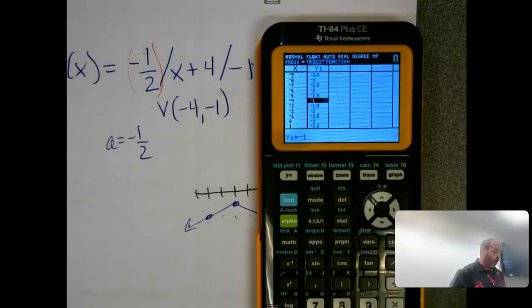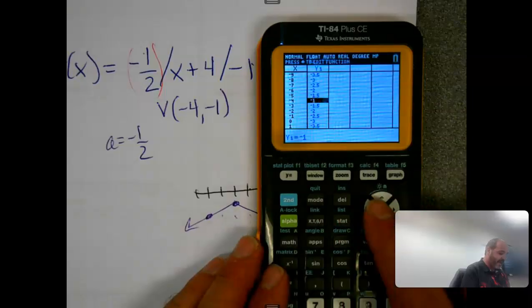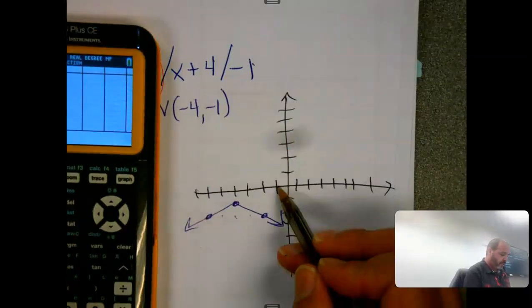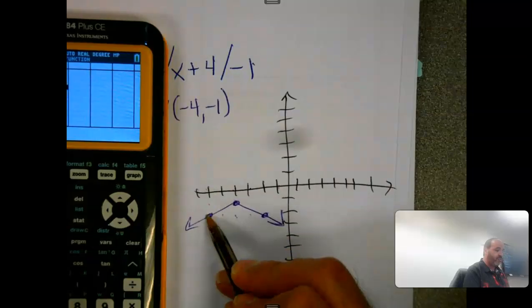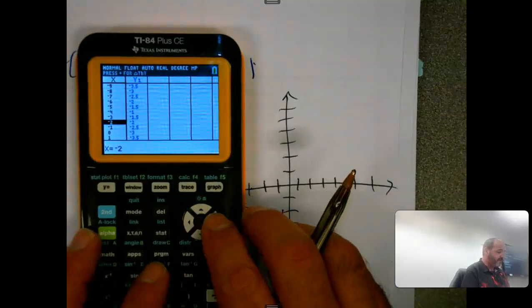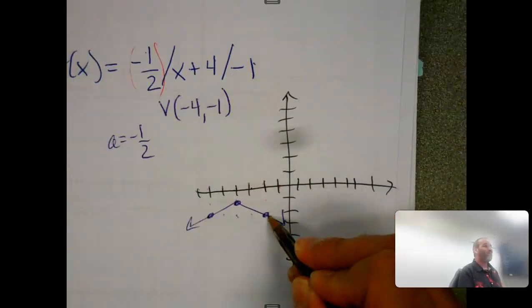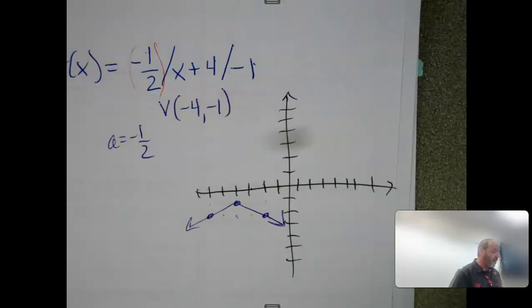So now I could go in, if I wanted to, I don't really like graphing fractional numbers, but like negative 6, negative 2, 1, 2, 3, 4, 5, 6, 1, 2, there that one is. And if I go to the other side, negative 2, negative 2. 1, 2, 1, 2.